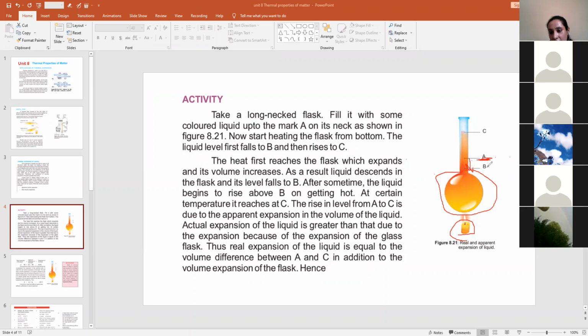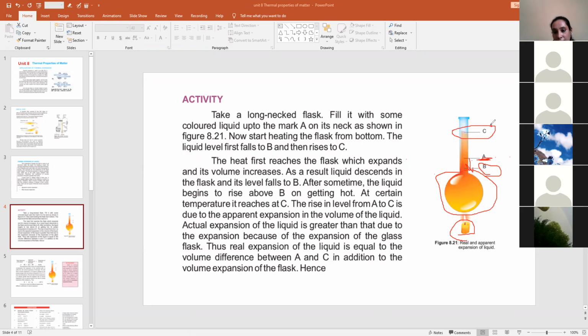So we can say that the level falls because of the thermal expansion of this flask. When we continuously give heat to this flask, the expansion also takes place in the liquid, and the level of the liquid starts rising and reaches point C.